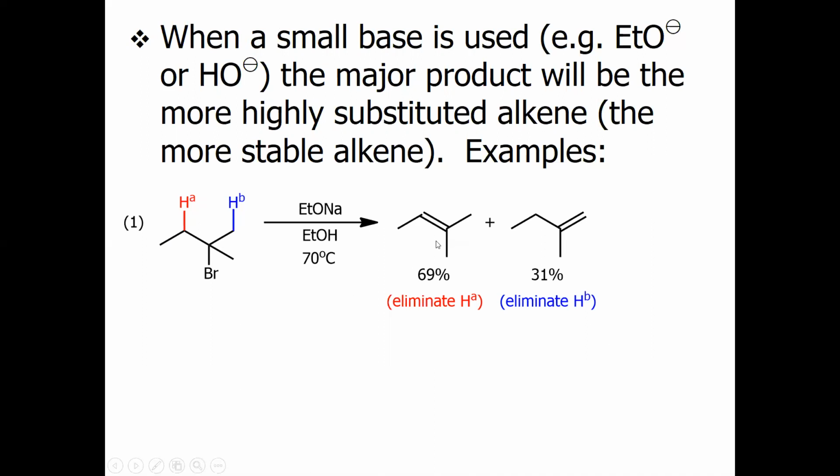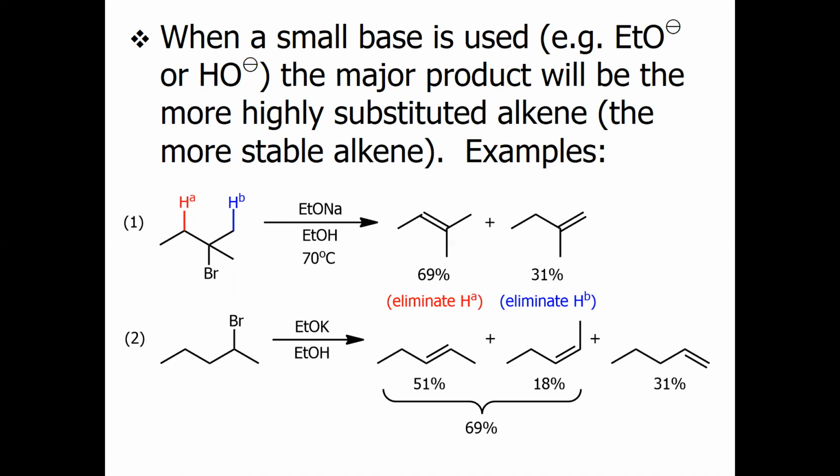The trialkylated alkene was synthesized in 69% yield, while the dialkylated alkene was synthesized in 31% yield. And that is basically what this rule says: the most substituted alkene is the most stable one.